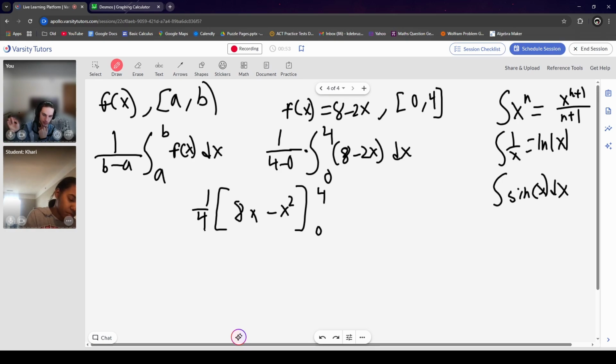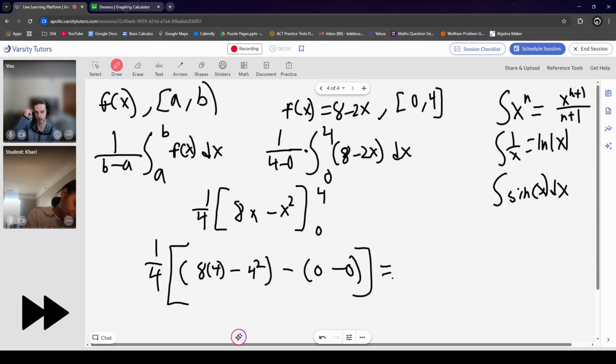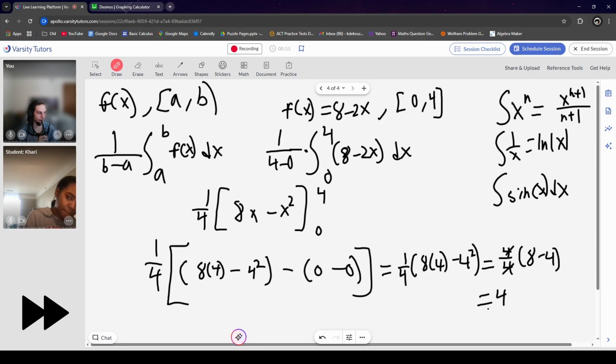It'll be the same thing. I usually like to leave my constants on the outside if I can. Then we've got to apply our bounds. Yep. Not much different process-wise.